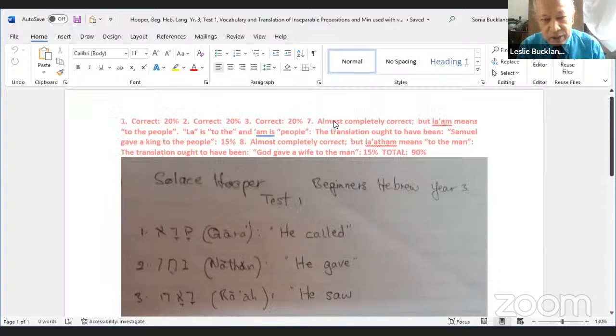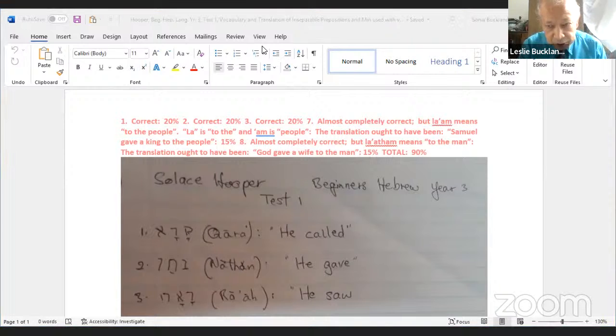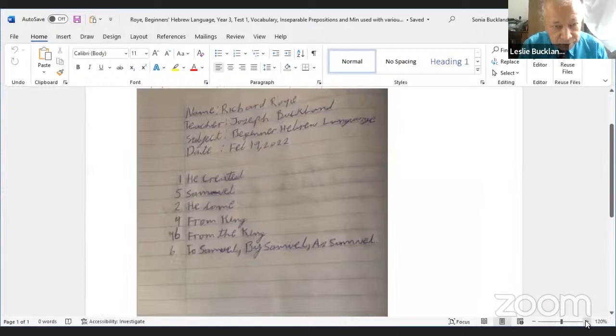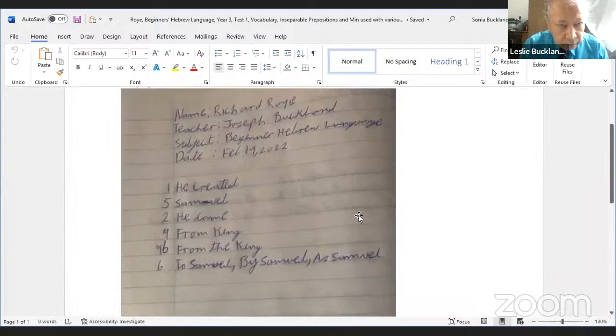I'm not leaving this lesson today because I realize that it is still not fully understood, so that's why I'm staying with it. But let us look at another test that was done. Okay, I'm going to increase the size of this paper. All right, in number 1, the answer given was he created.